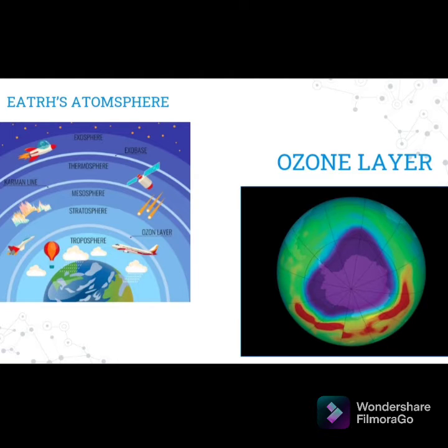Ozone molecules can also be decomposed by the UV radiations coming from the sun into a free atom and an oxygen molecule. So, ozone is thus continuously created and also destroyed by UV radiations coming from the sun.